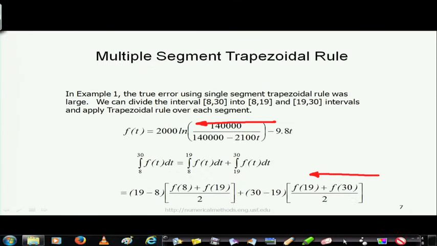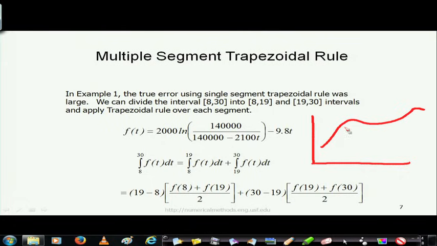So, our answer will be, instead of fitting a single trapezoid, I can try to fit more than one trapezoid, something like this: I fit one trapezoid here, and another trapezoid here, and thereby I can minimize my error to some extent.